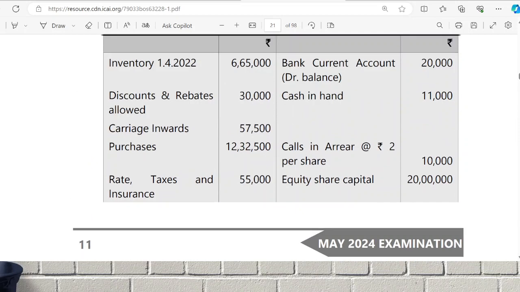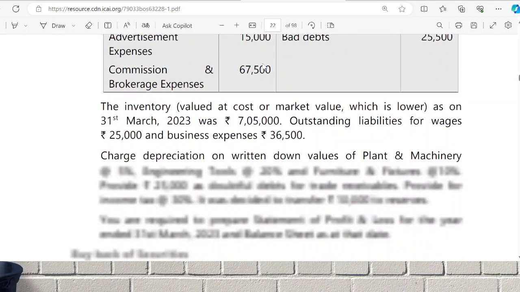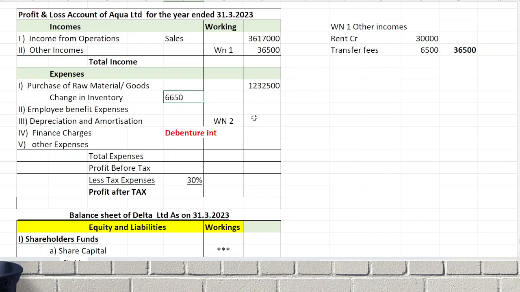Then what is the next one? Change in inventory. Change in inventory 6 lakh 65,000 to 7 lakh 5,000. What is the change in inventory? Minus 40,000. Employee benefit expenses.